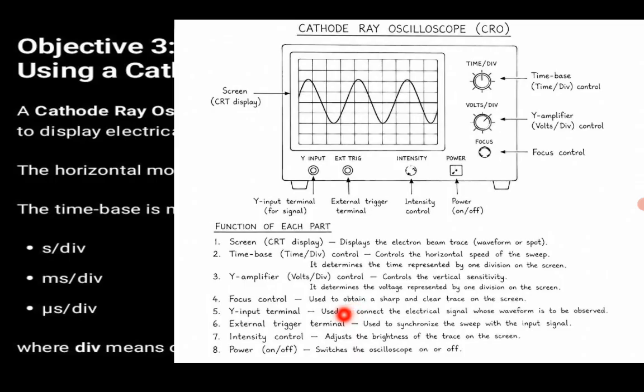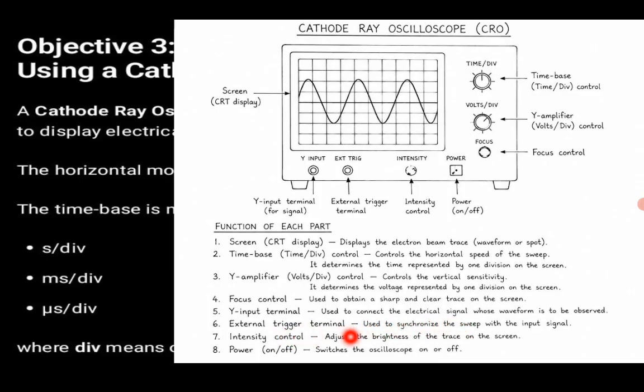Let's say you are trying to observe the frequency of a sound wave. So you plug your input there, maybe the microphone or something. And then we have an external trigger terminal used to synchronize the sweep with the input signal.